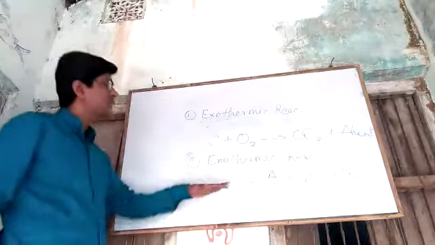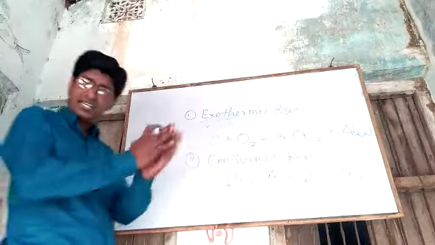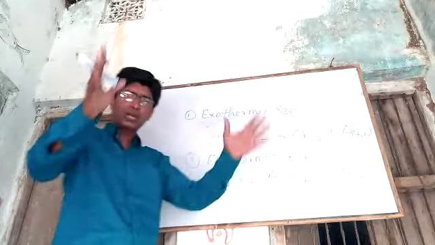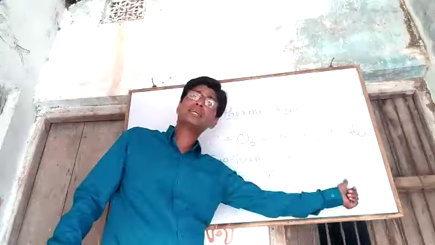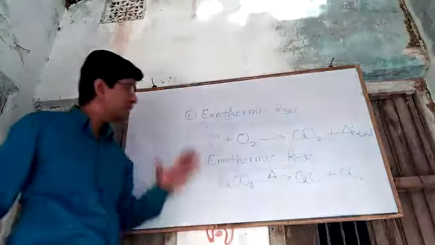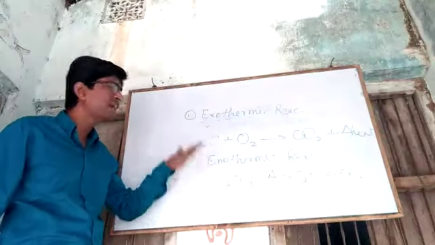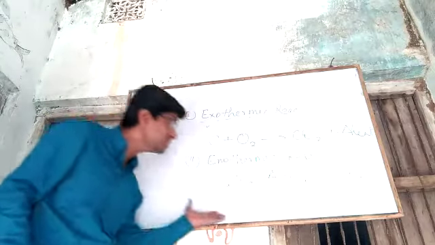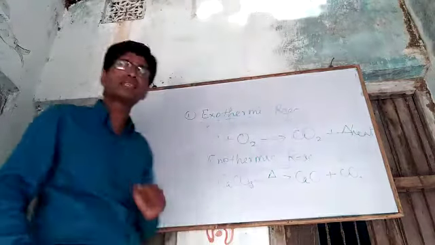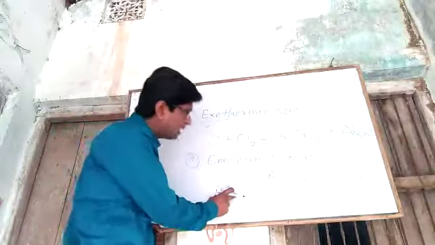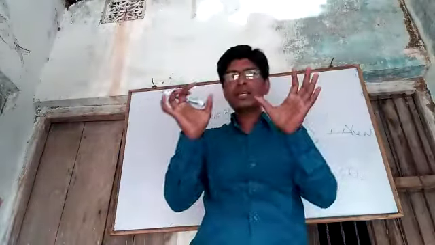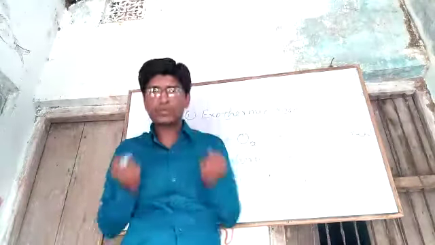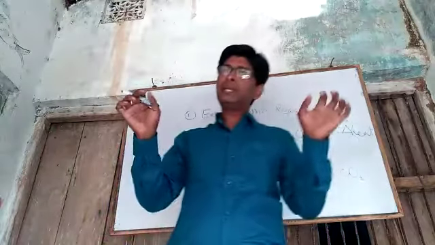So calcium carbonate, when heated, gets decomposed into two products here, one is calcium oxide and another is carbon dioxide. This is an example of endothermic reaction. Why is it called endothermic? In this reaction heat energy is absorbed. So now we can define: the reaction in which heat energy is absorbed is called endothermic reaction.